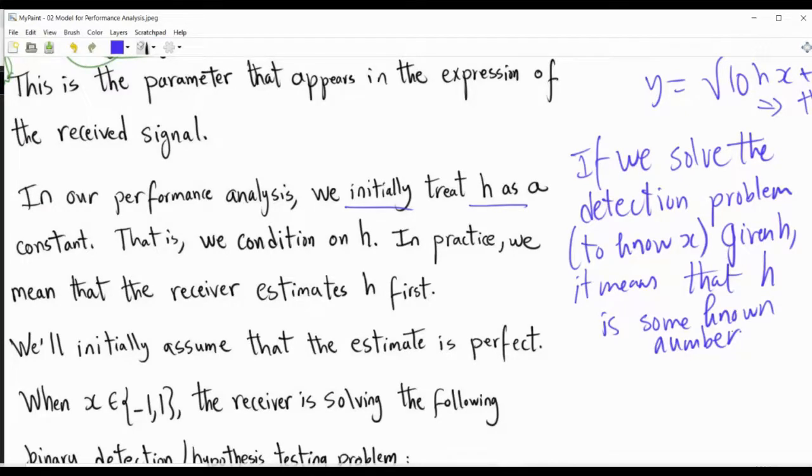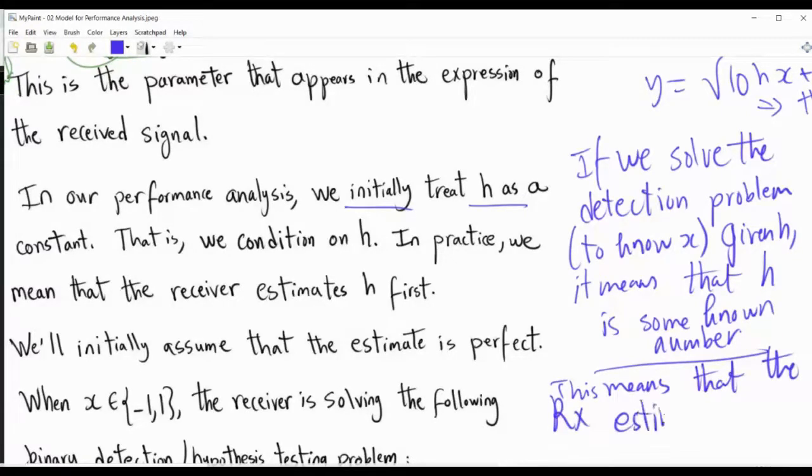What does this mean, practically speaking? This means that the receiver estimates H before detecting X. Okay, so the same as what we did in sending the pilot and estimating the channel effect.